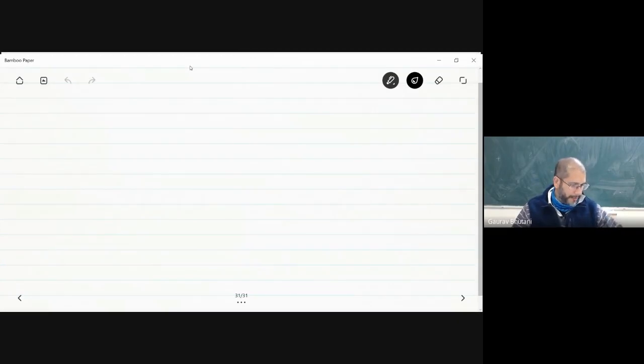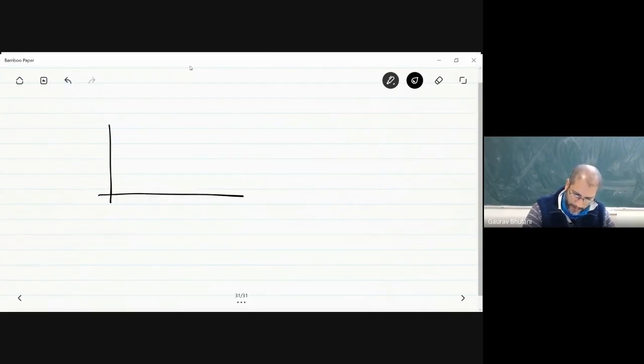So let us plot the heat transfer coefficient h as a function of the distance in the boundary layer. This is your x, the length in the boundary layer. You have a laminar region, then some transition zone, and then a turbulent region.